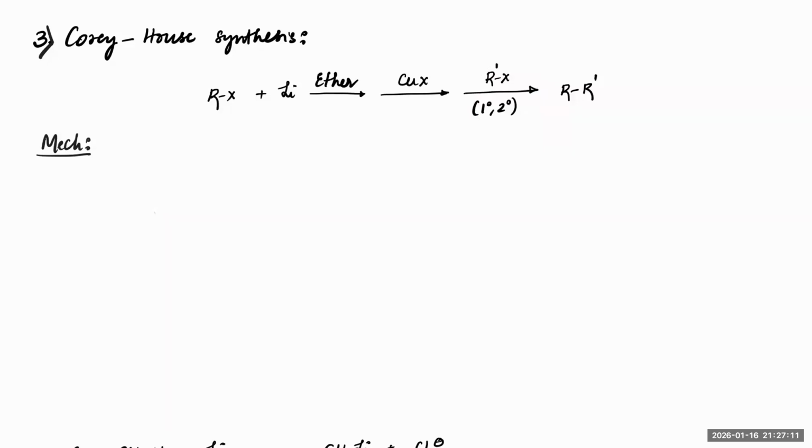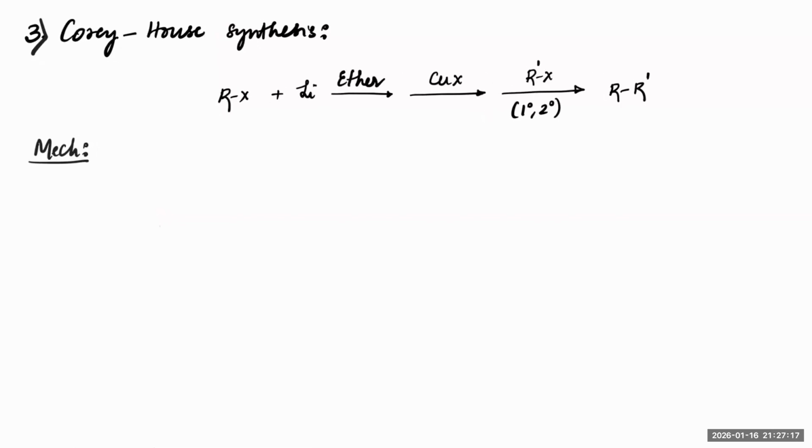Okay. Let me show you the mechanism with an example here. Let's say I took a propyl halide here like this, and this has been treated with lithium. You know that lithium is an excellent provider of electrons. Lithium batteries, you know that it can provide electrons much easily.